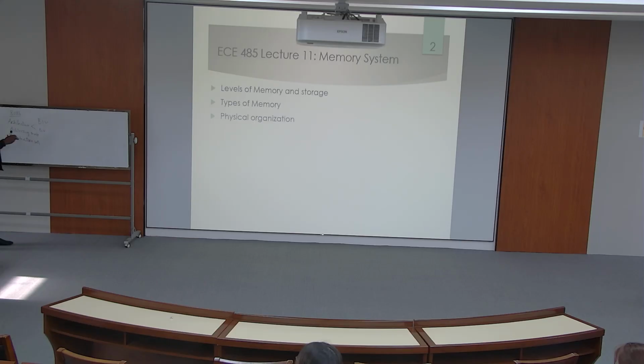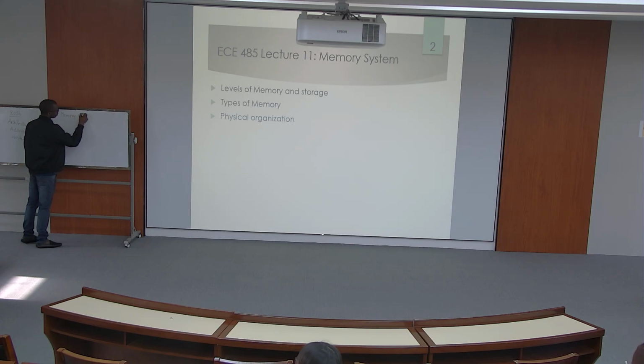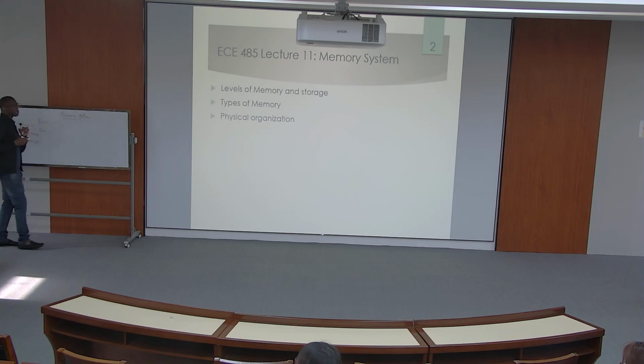Now, in chapter number 3, we're going to talk about memory system. Why are we going to learn about the memory system? We know that a computer has many tasks to do, and each instruction relies on data.